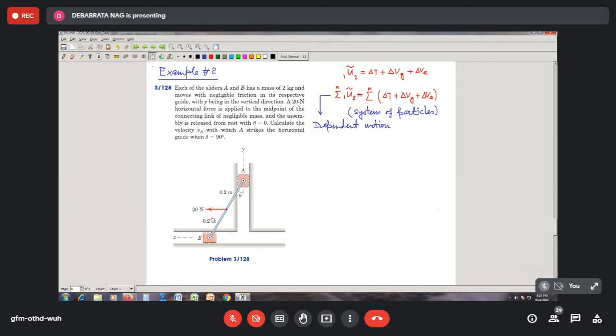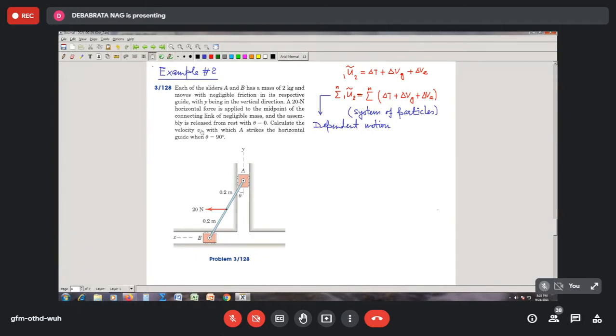If the rod possessed mass, this would become a problem of rigid body dynamics, which we have not yet taken. It could also be a problem of rigid body dynamics had the mass of this rod AD been included in our system.